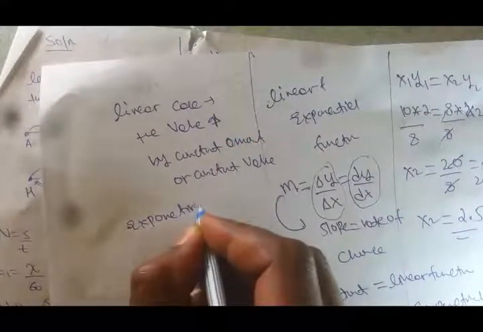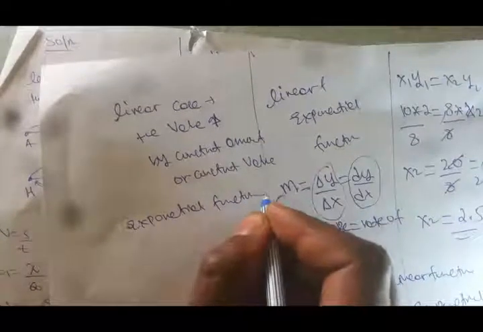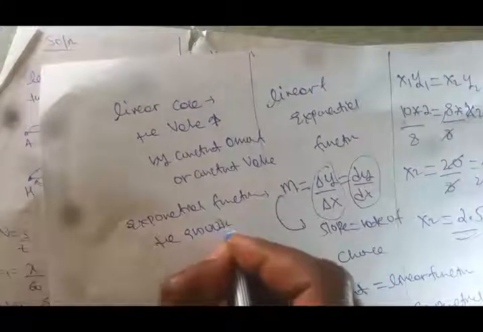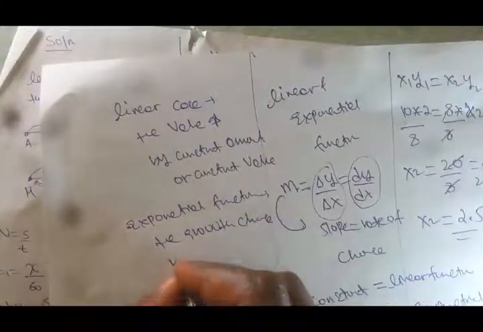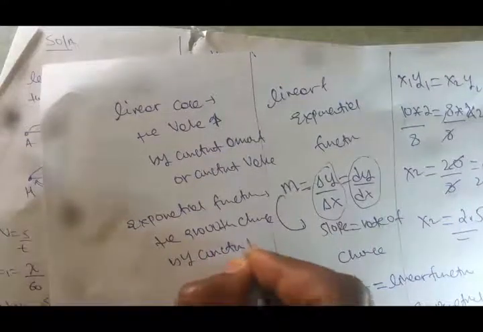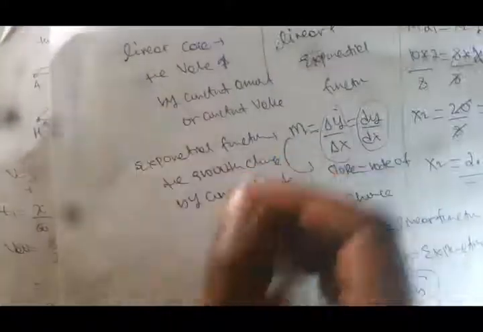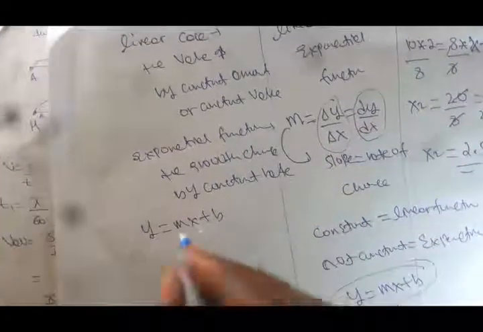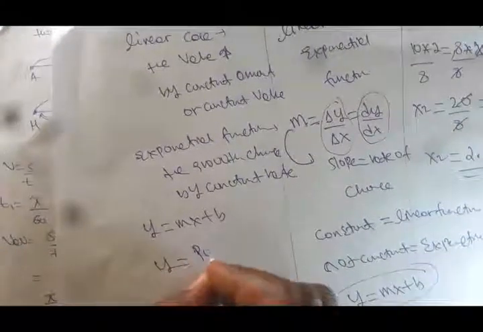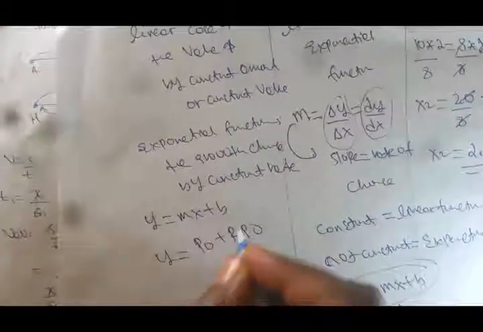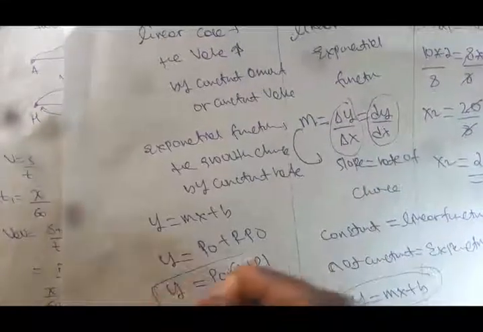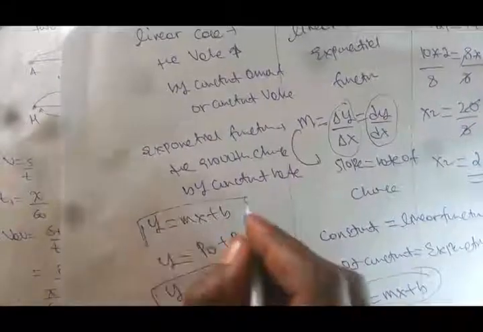In the case of exponential function, the growth changes by a constant rate. Therefore for linear, y equals mx plus b, and for exponential, y equals P0 plus r times P0, or P0 times (1 plus r). This is exponential, this is linear.